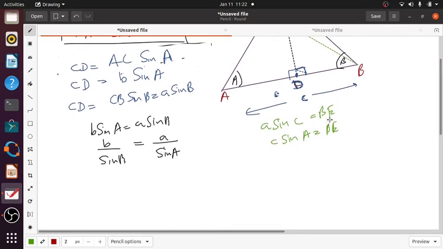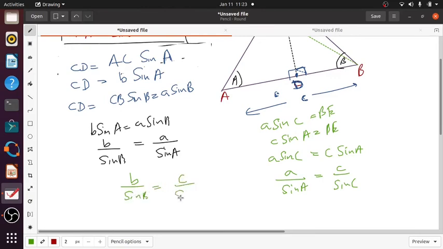Since the left sides are equal to each other, I can write a sine C equal to c sine A. Then a over sine A equals c over sine C. You can see that b over sine B equals a over sine A. Also a over sine A equals c over sine C. This tells us that b over sine B is equal to c over sine C. Right?